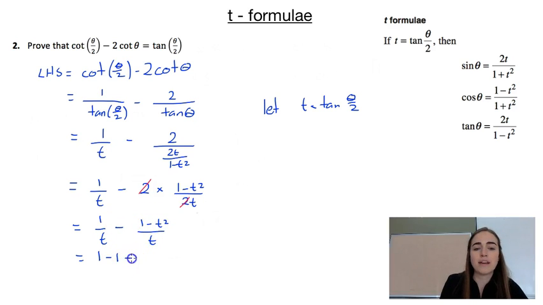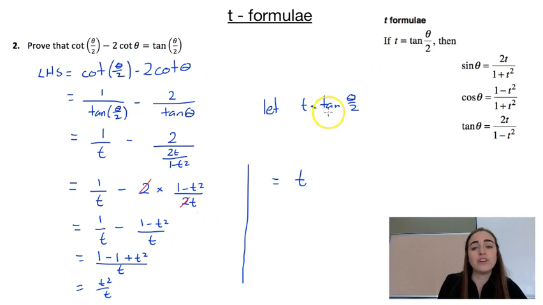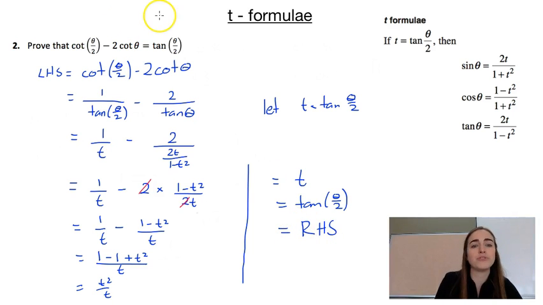So we'd end up with minus 1, but we'd end up with a plus t squared there. And that 1 minus 1 is just going to give us a t squared over t, and that would simplify down just to t. And we know that t is equal to tan of theta on 2, which is equal to our right-hand side. So we've proved that identity that they've asked for.